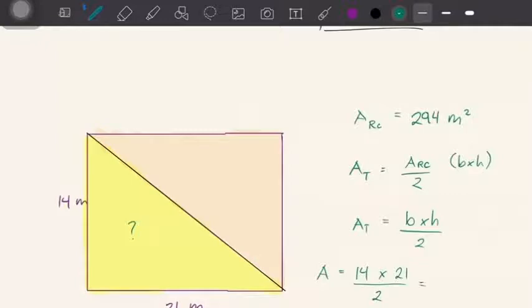The answer here is still going to be 294 divided by 2. 294 divided by 2 is equal to 147, I think. Yeah, that's going to be 147 square meters. Okay?